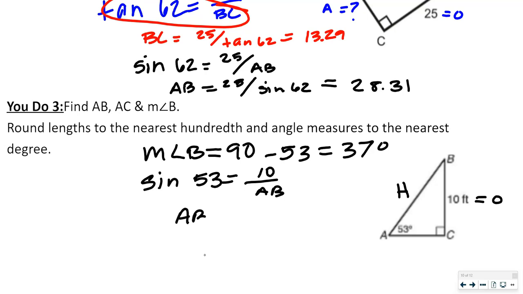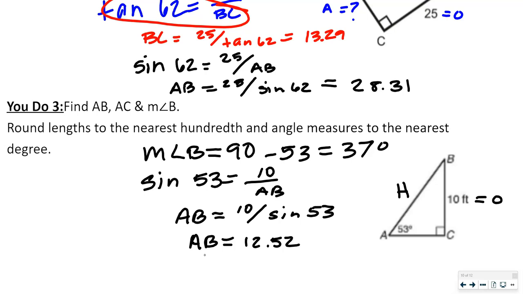So AB is equal to 10 divided by the sine of 53. AB was equal to 12.52.